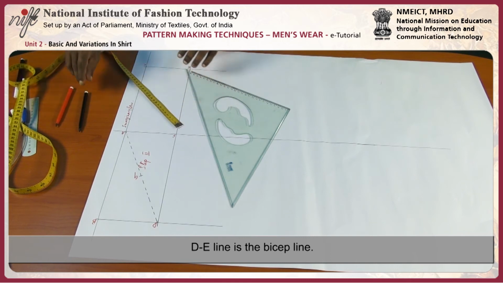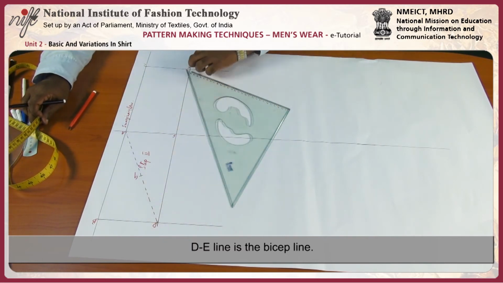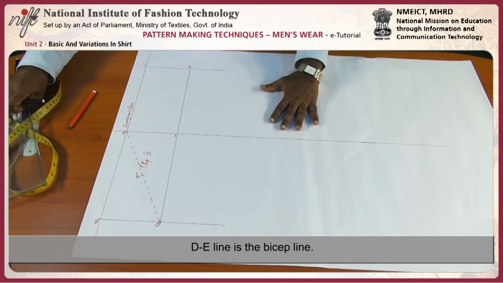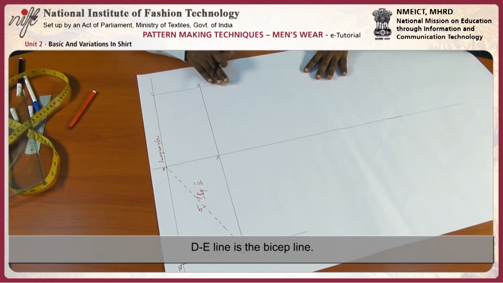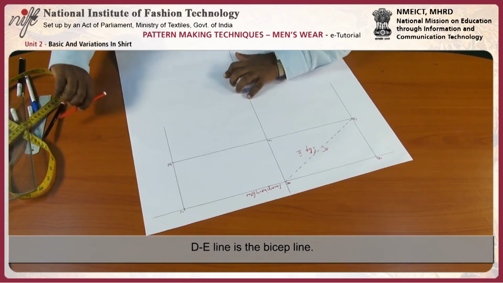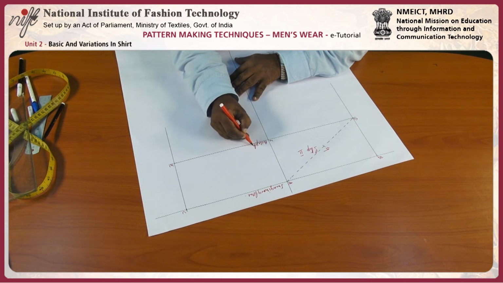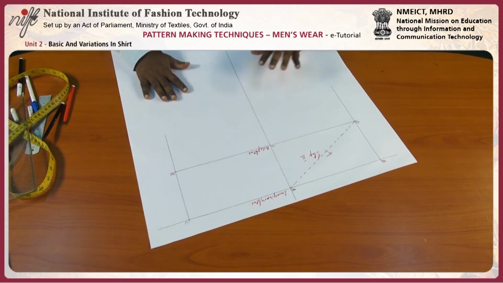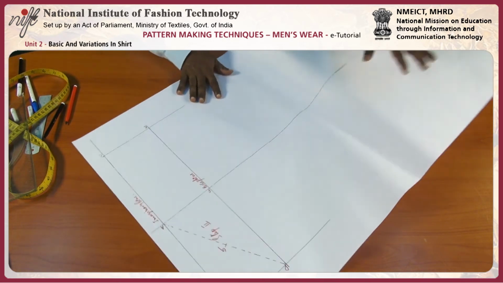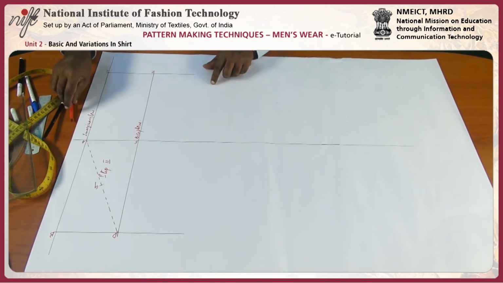G. Now DE line is bicep line. DE is a bicep line.